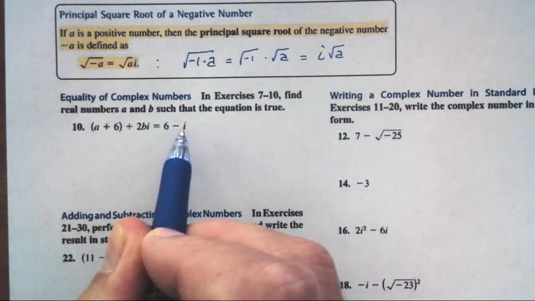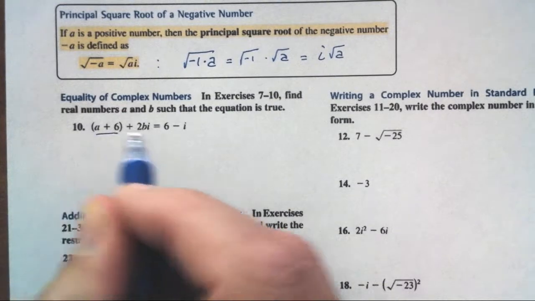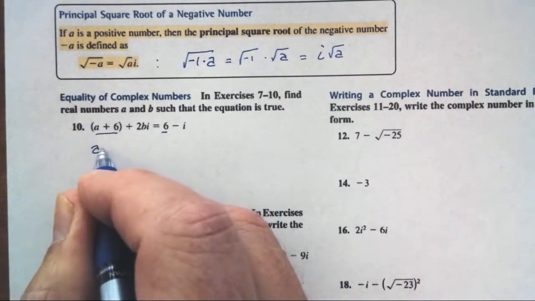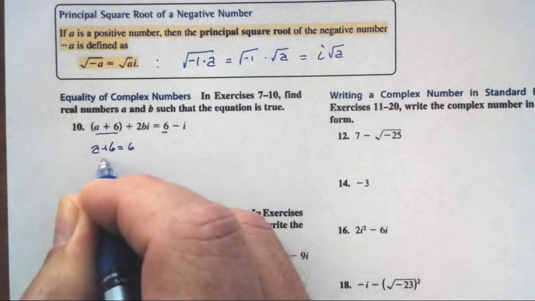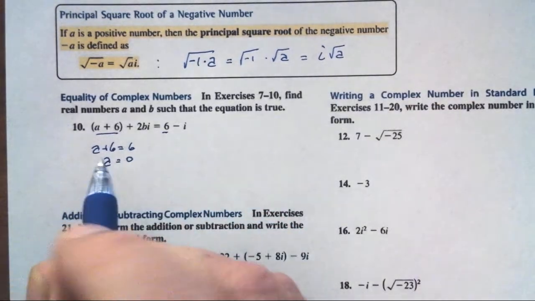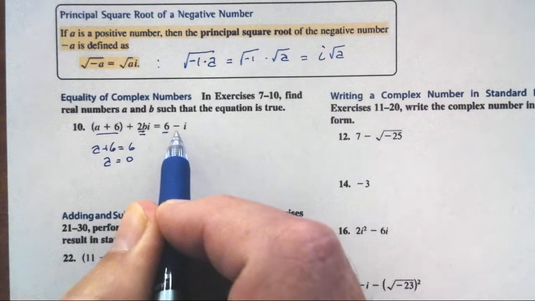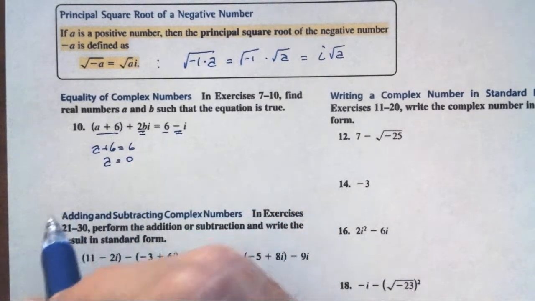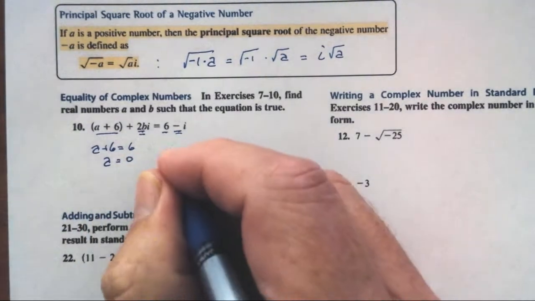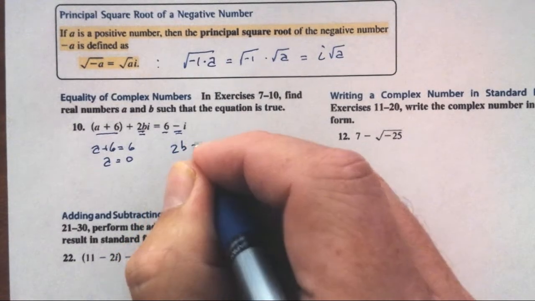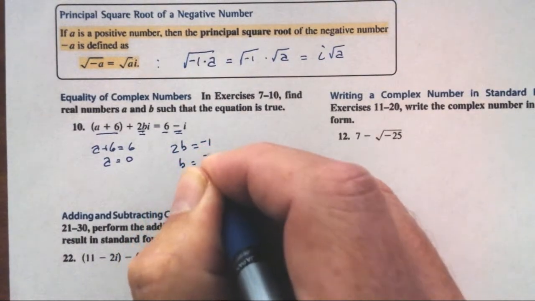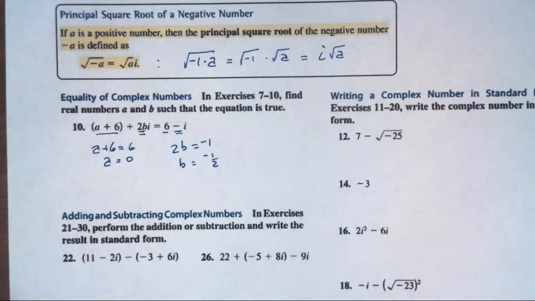Well, if these are going to be equal, then a + 6 has to equal 6, and a is 0, and 2 times b has to equal this sneaky -1 out in front of here. So we've got 2 times b equals -1, or b is -1/2. So there's our real numbers that make the statement true. Pretty simple compared to what you guys are used to doing.